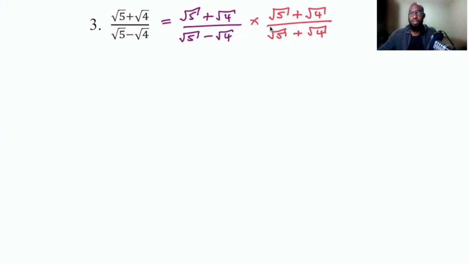So that's why, to rationalize the denominator, we say root 5 plus root 4. We change the sign. Whatever sign we have here, we change it.